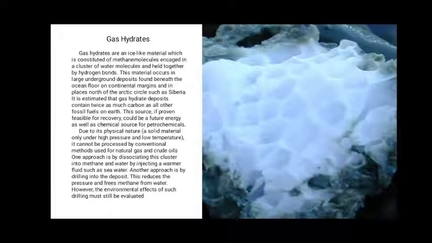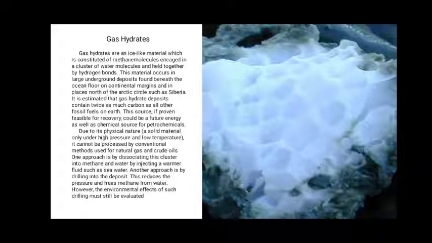And the last material is gas hydrates. Gas hydrates are an ice-like material which is constituted of methane molecules enclosed in a cluster of water molecules and held together by hydrogen bonds. This material occurs in large underground deposits found beneath the ocean floor or continental margin and in places north of the Arctic Circle, such as Siberia.